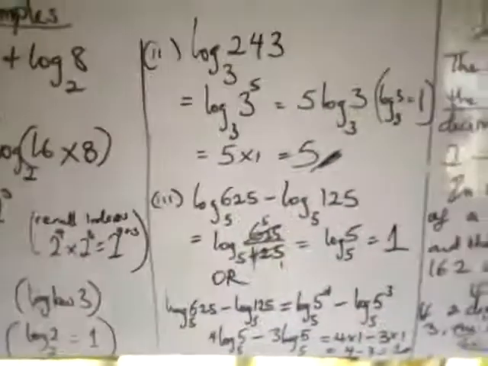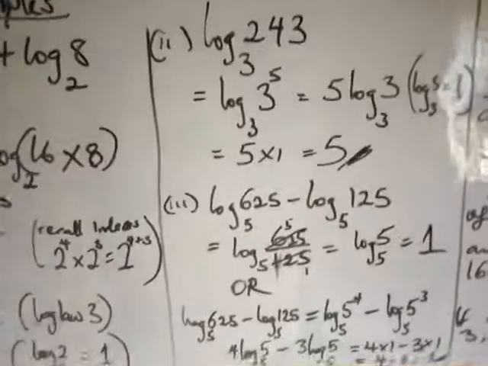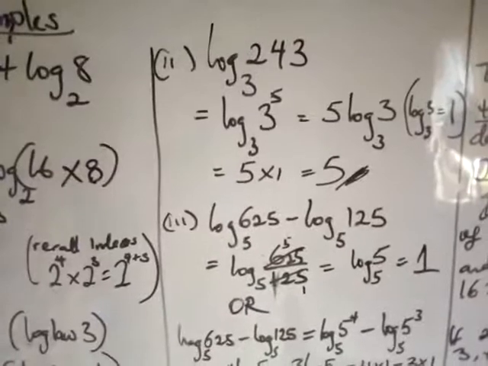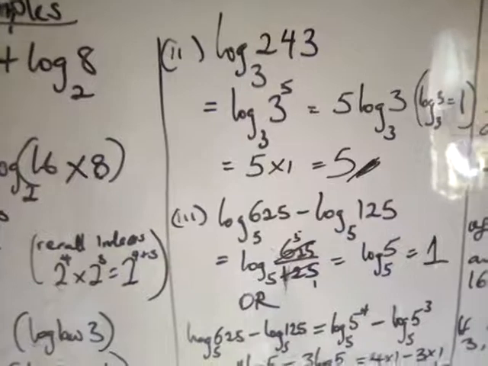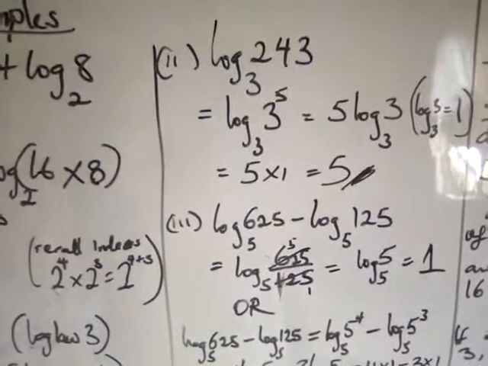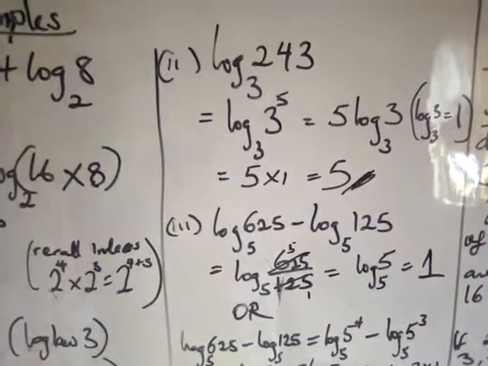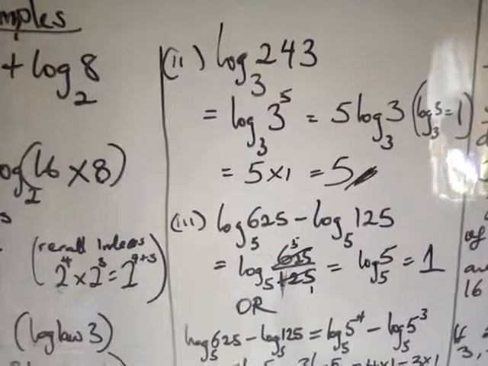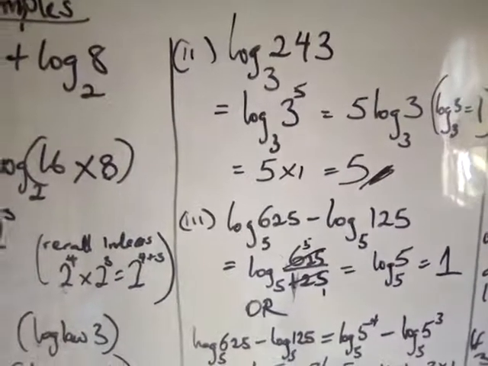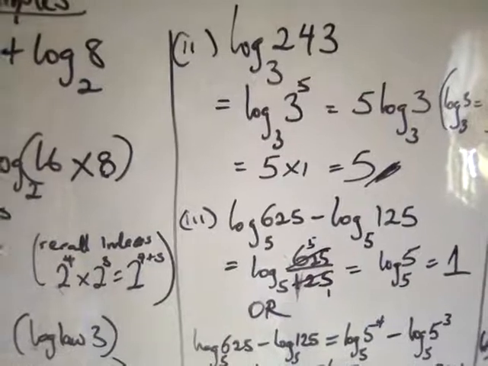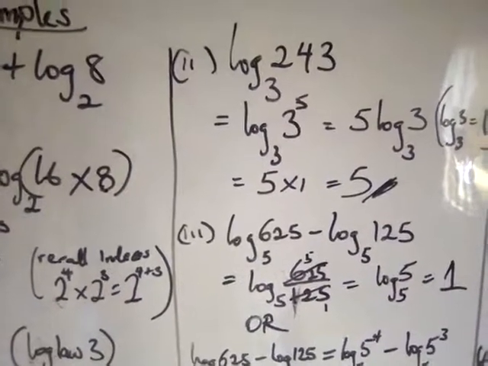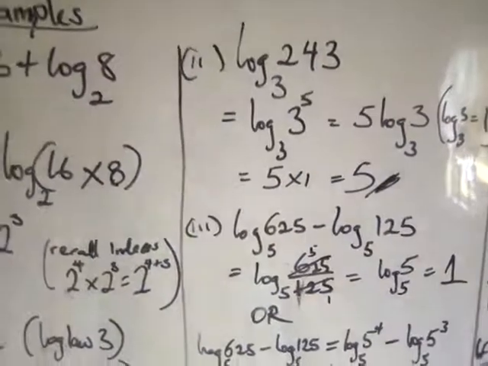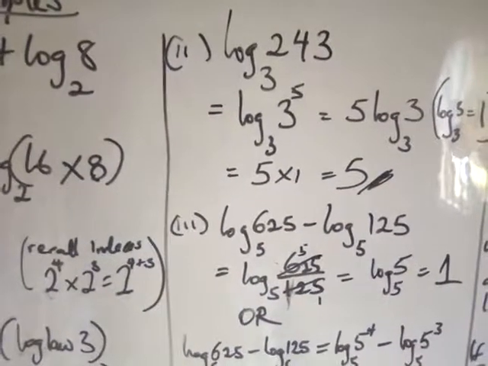If we check the second question, it says log 243 to base 3. So let's simplify it. The common ground for this base is 3. That means 3 times 3 times 3 times 3 times 3, raised to the power 5, will give us 243. You get it now?